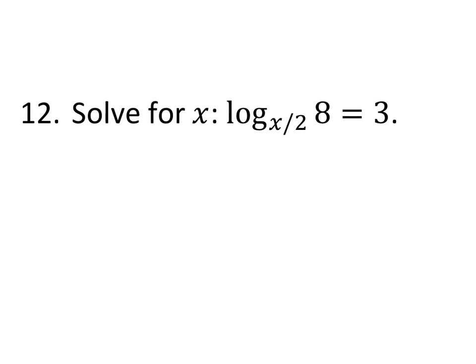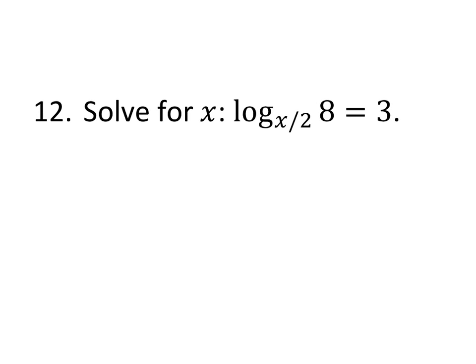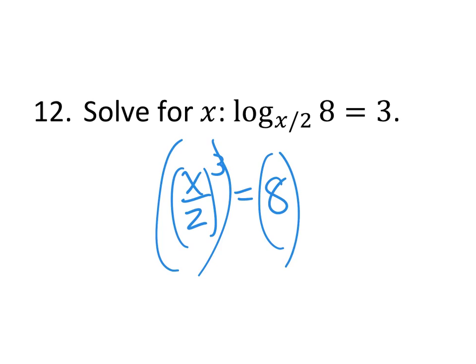Number 12. Tell me what to do. Rewrite it as an exponential. All right, and that would be x over 2 to the 3rd equals 8. Perfect. Next step. You need to put it to a power first.